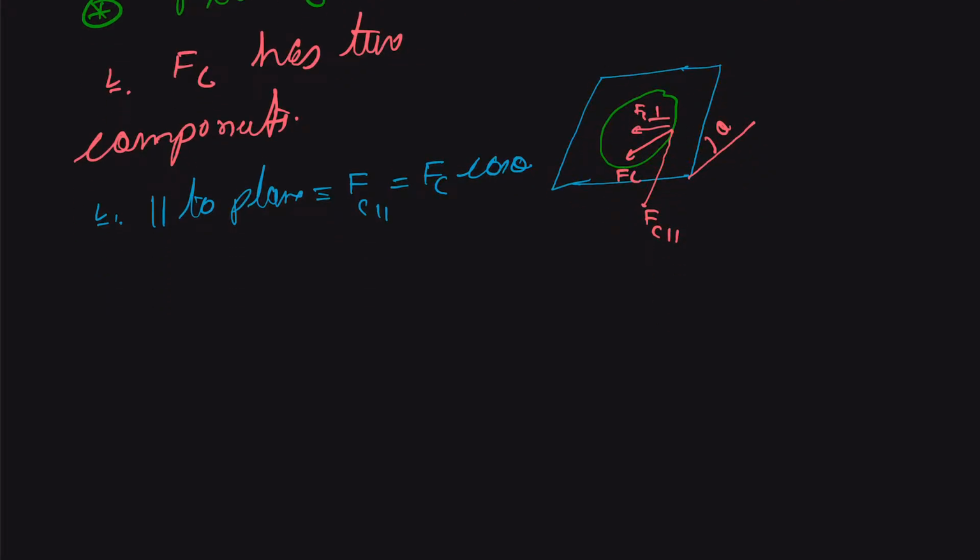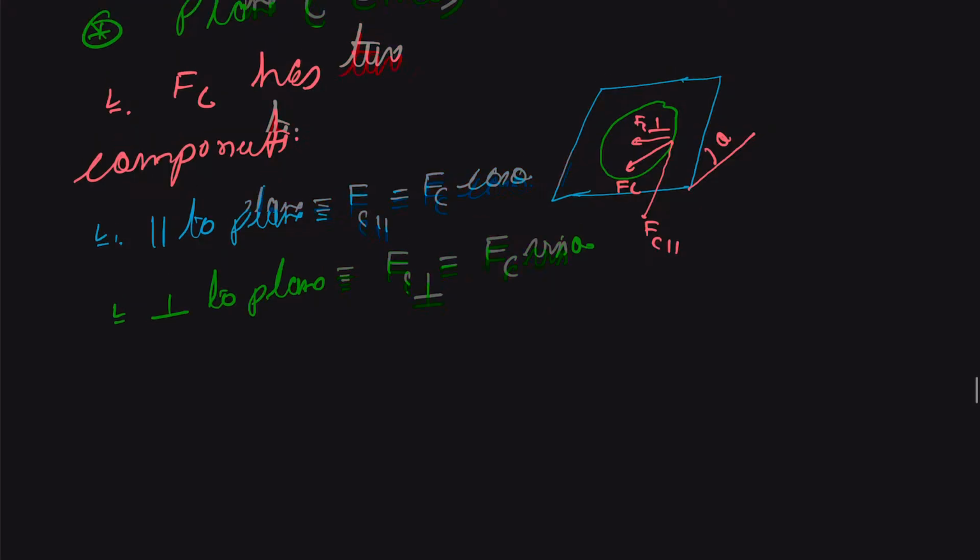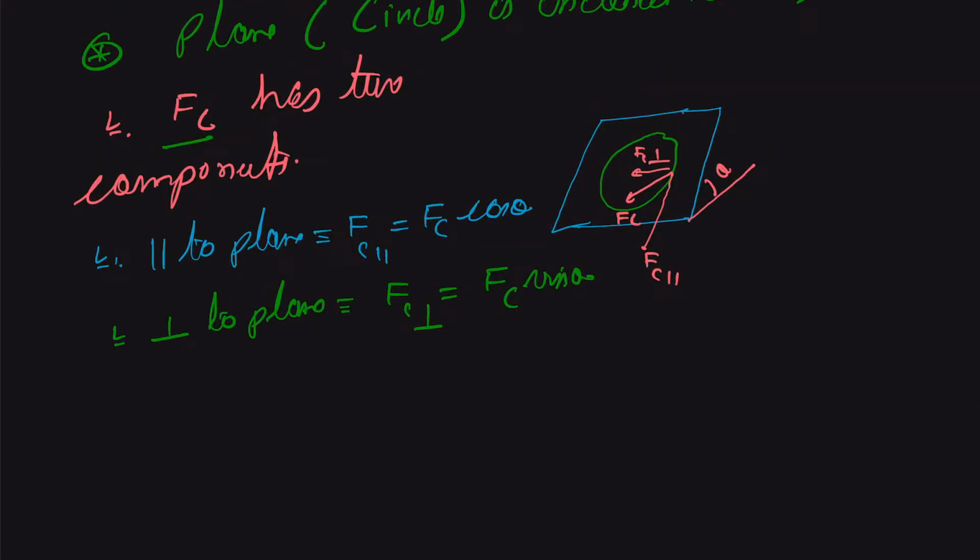And we have a second component that is perpendicular to the plane, that is FC perpendicular, which will be FC sine of theta. Okay, so this is the important part here, that the centripetal force has two components.